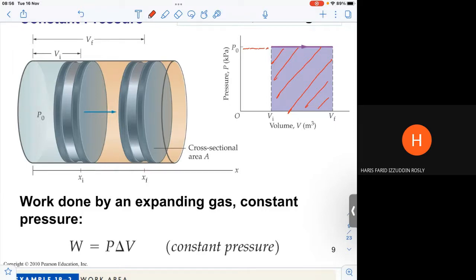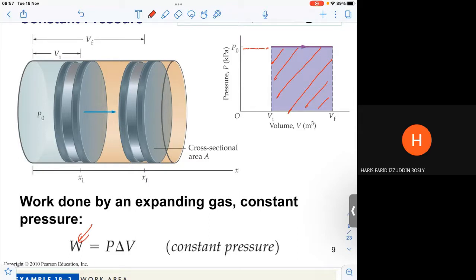From the PV graph, we obtain the area under the graph, which is equivalent to work done. Work done by what? By a gas. If the system has some gas, when we keep the pressure constant, the volume will increase. So this is what we call constant pressure.